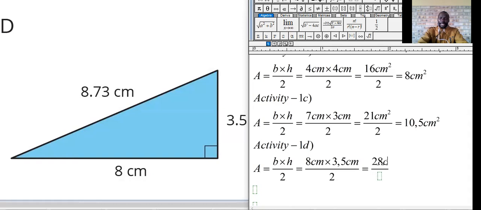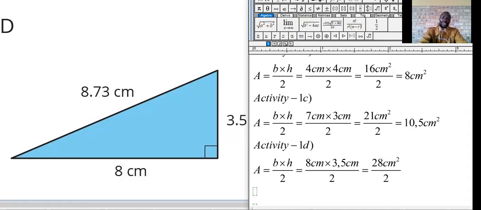Notice that this is 28 centimeters squared now, because centimeter times itself gives centimeter squared. Then the next thing is to divide it by 2. That way we get 14 centimeters squared. So that's going to be the area of this triangle.